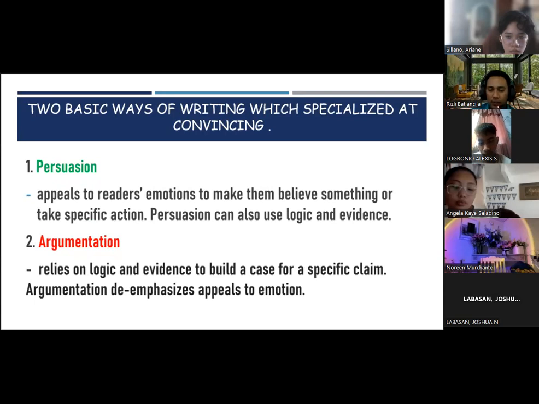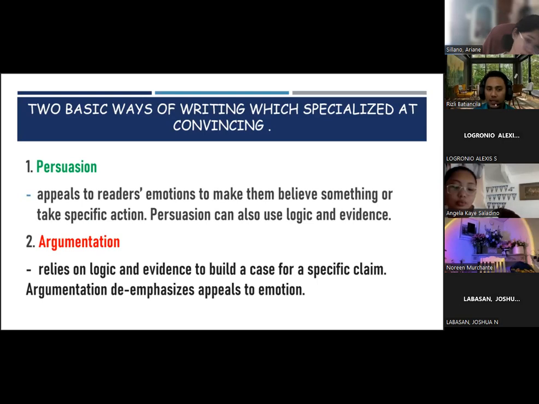All right, so when we say persuasion, this appeals to the reader's emotion to make them believe something or take a specific action. Persuasion can also use logic and evidence. So pag sabi persuasion, if you would like to persuade or to convince someone, of course, you must draw the reader's emotion, not just their attention, but also their emotion, para maniwala sila and to take a specific action.